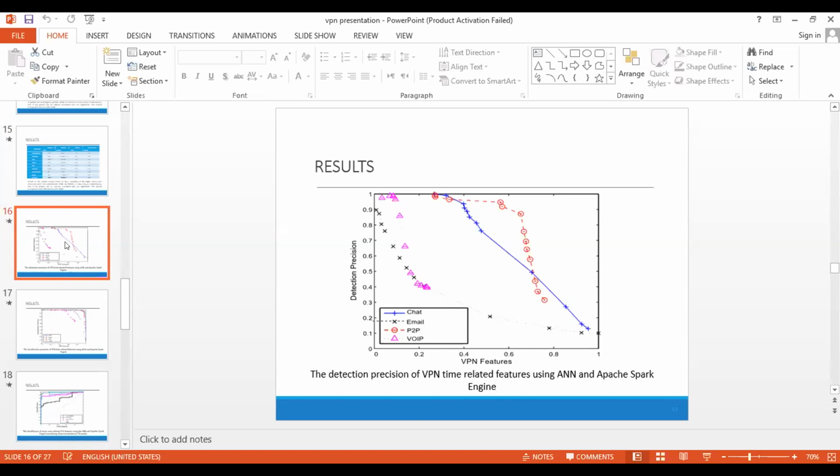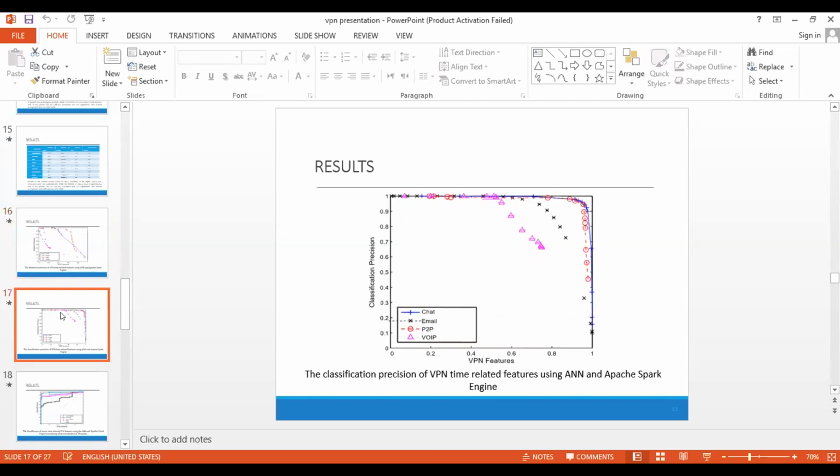And the results are shown in these details in this figure. First figure, the detection precision of VPN time-related feature using ANN and Apache Spark engine. The classification precision of VPN time-related feature using ANN and Apache Spark engine.